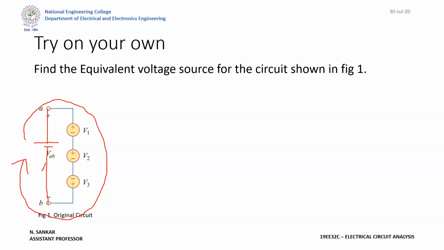If the current direction is like this, the entering point here will be minus VAB, and here it will be plus V1 plus V2 minus V3. So the equation will be minus VAB plus V1 plus V2 minus V3, because I am taking the polarity of the entering point.